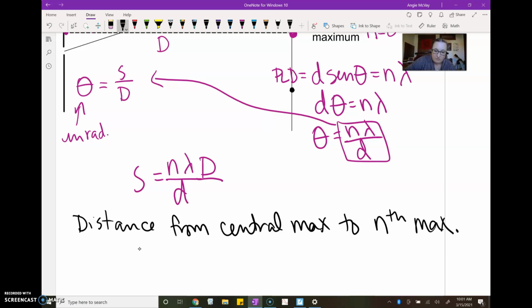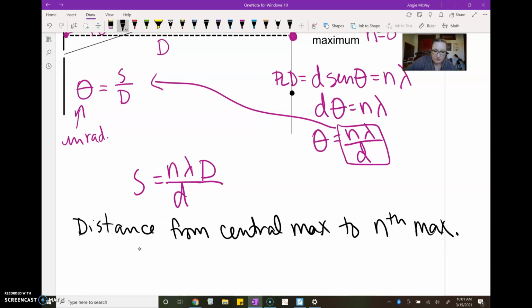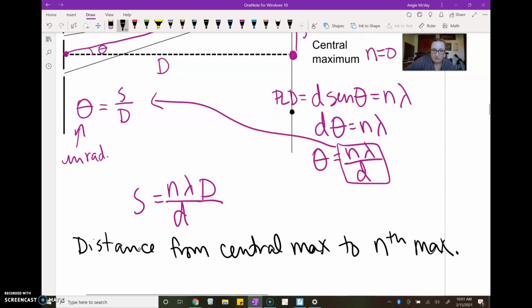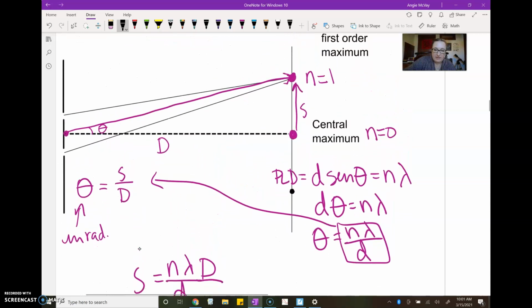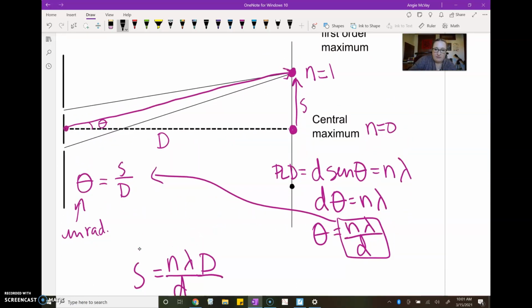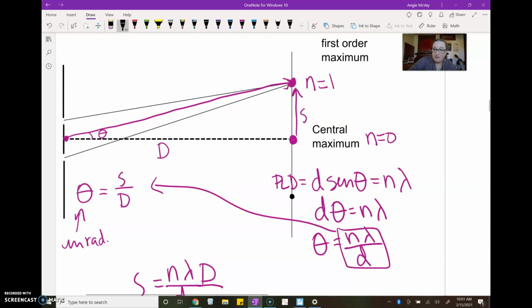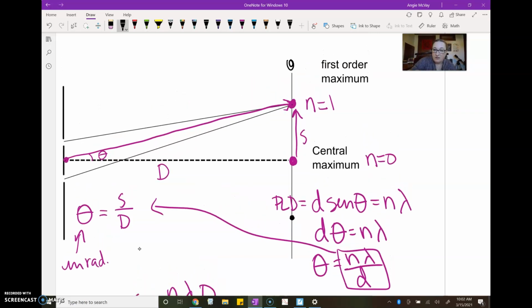What does that mean? Well, with this, you can use this equation to not just find the slit separation, but you can use that to find the distance from the central maximum up to the first next maximum, or the second maximum after the central, or the third, right? So this is the first maximum, n equals 1.